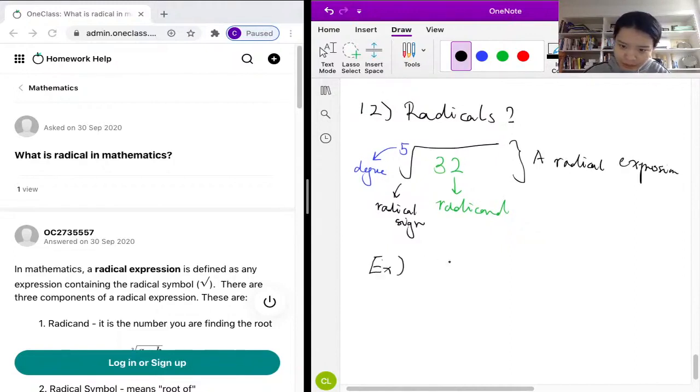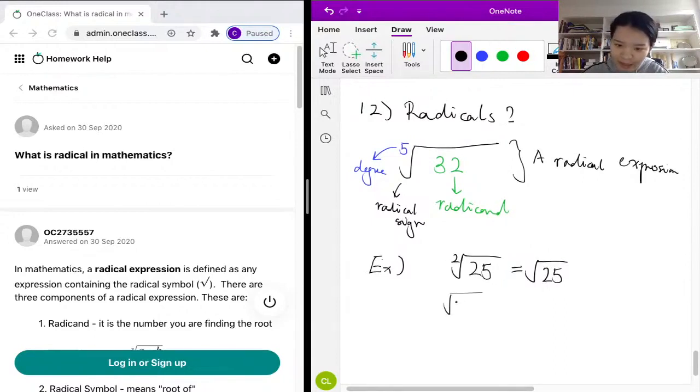So let's just look at some examples. The square root of something. Because we use the radical with degree 2, the square root, so often, we often just eliminate writing the 2. So usually we just write the square root, like square root of 25, without the actual degree.